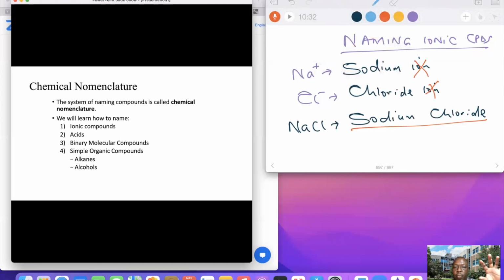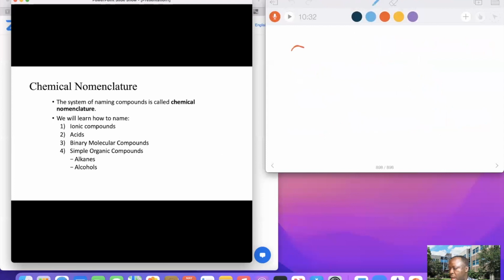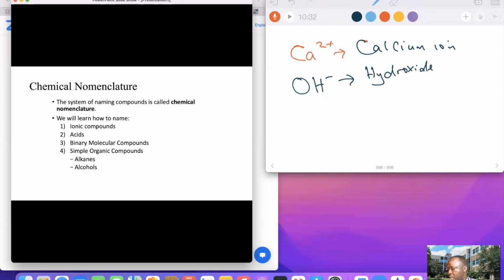So if you know how to name the cation and the anion, you should be able to write the name. You start by naming the cation. Cation goes in first. Look at calcium ion, and then the hydroxide ion.